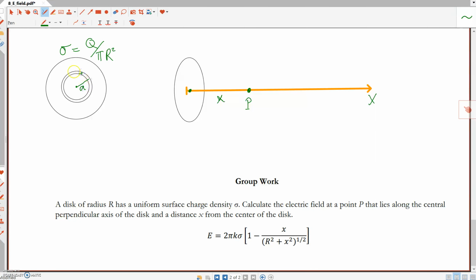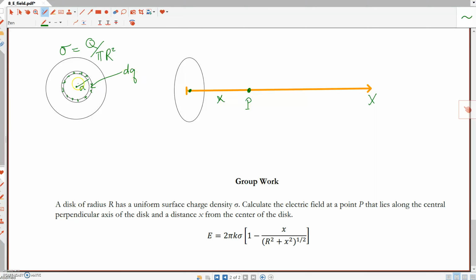It's got a linear charge density lambda. But I can say this little piece of a ring has charge dq, which is equal to, well, I'll get into that in a second, so that's a little complicated.